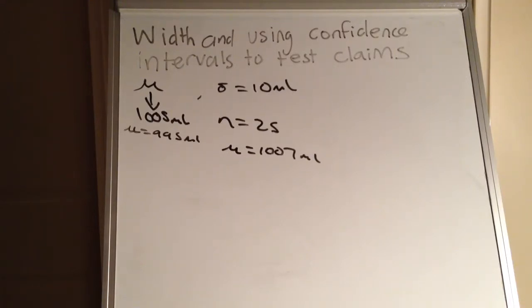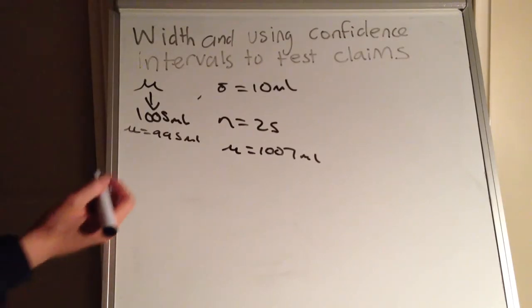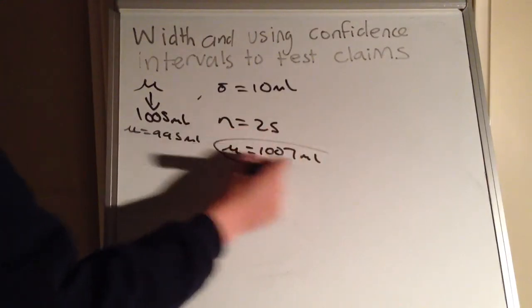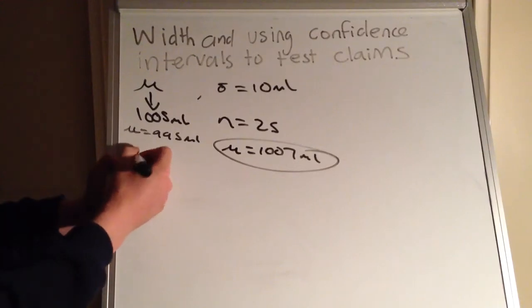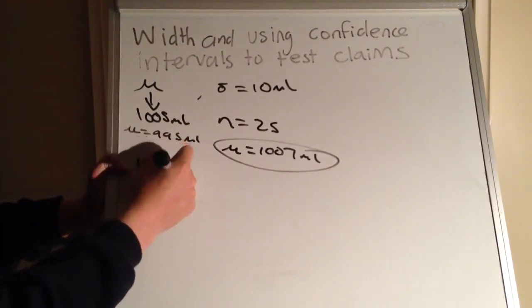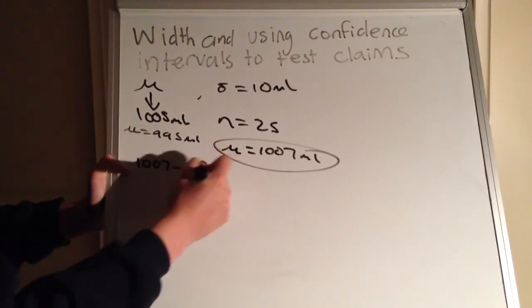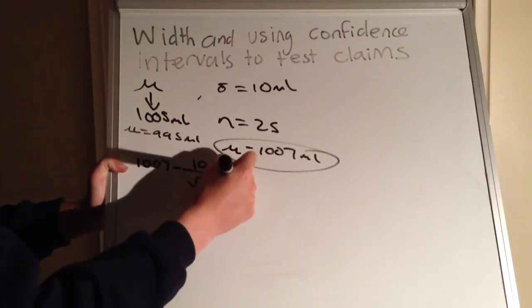So we would be looking at the confidence interval based around the 1,007 millilitres. In order to do this, we would simply say that the mean value in the confidence interval, we have 1,007, take 10 over root 25 times 1.96.